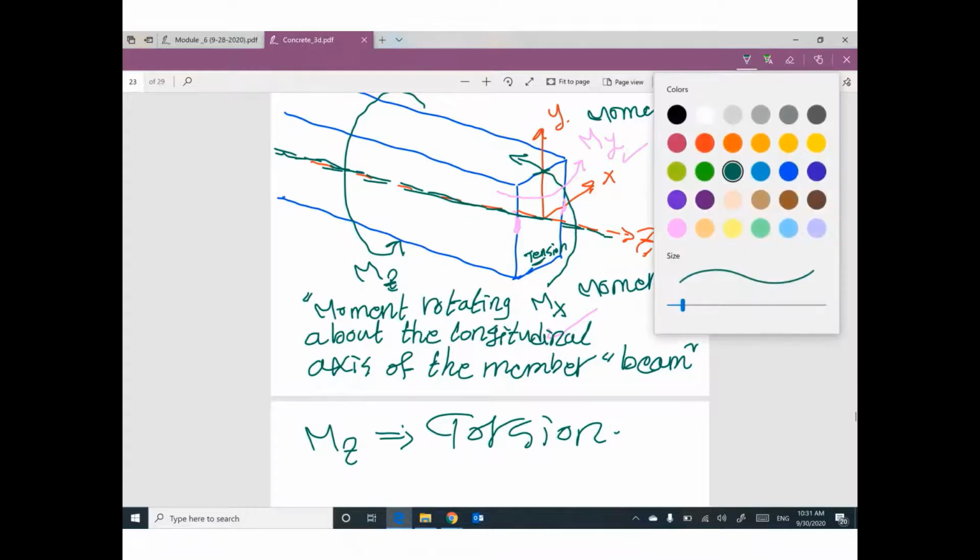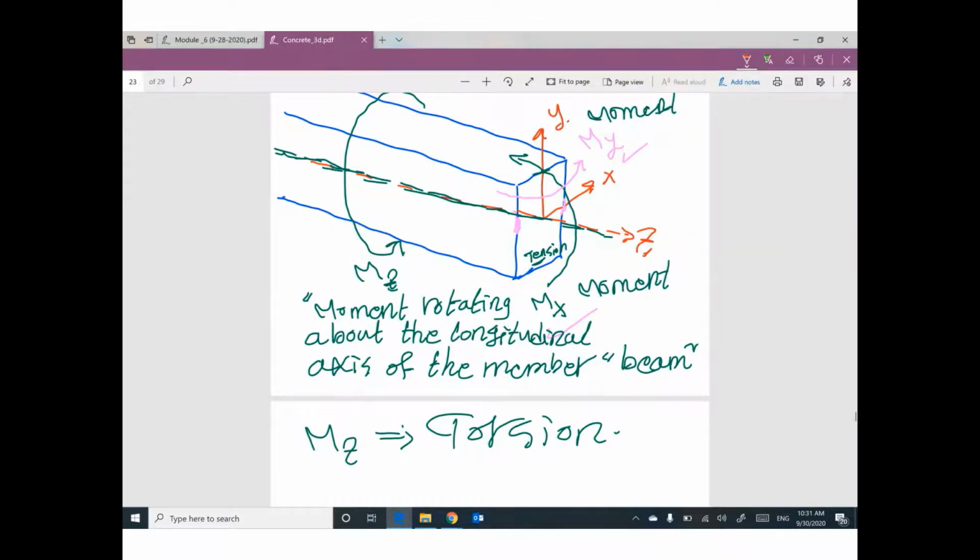Guys, the regular moments, which are mx and my, will be supported by longitudinal reinforcement, which is area steel, like we learned before.